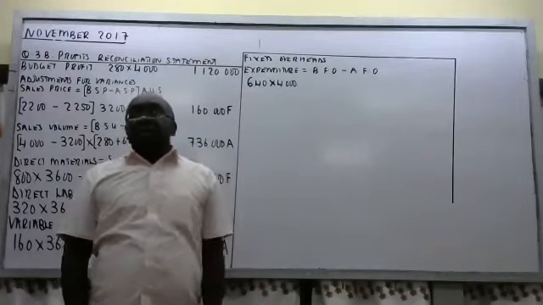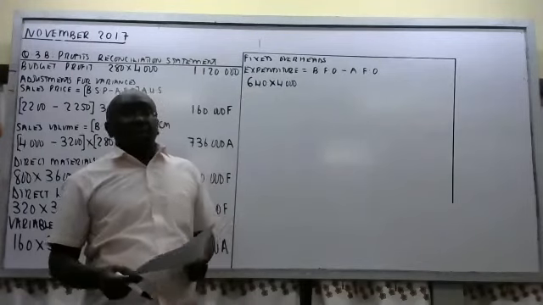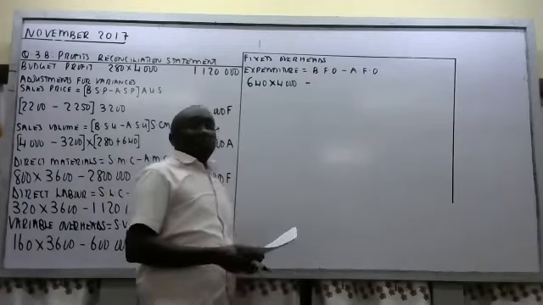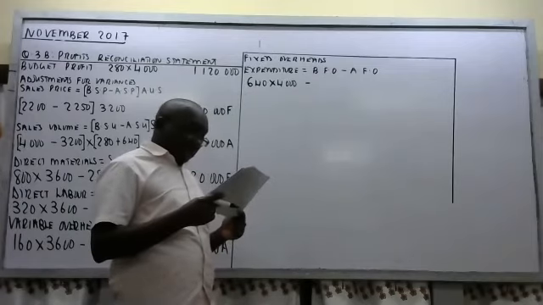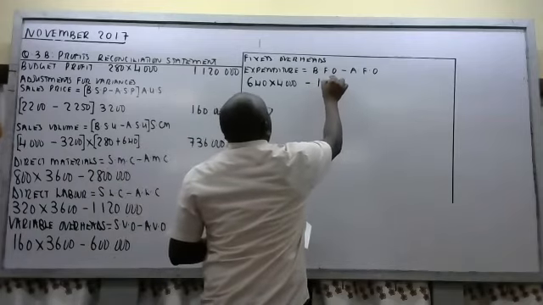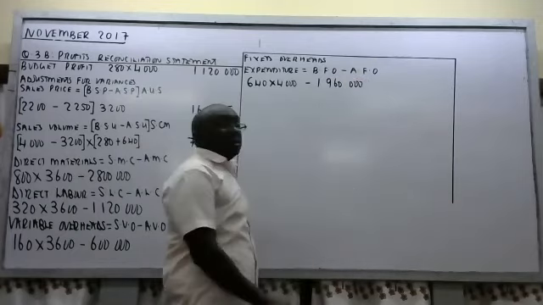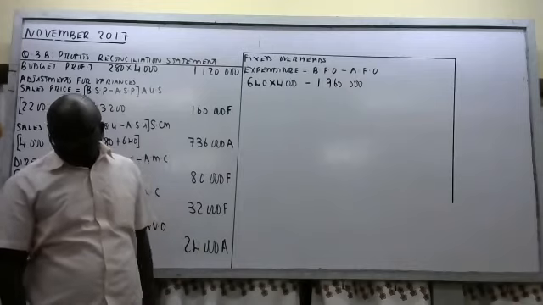So it is 640 times 4,000 units, which are the budget units. Now you minus the actual, which is 1,960,000.